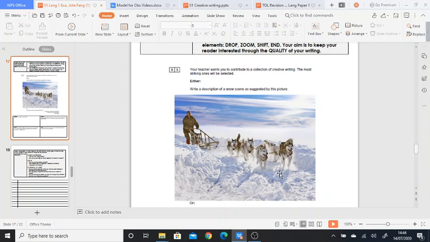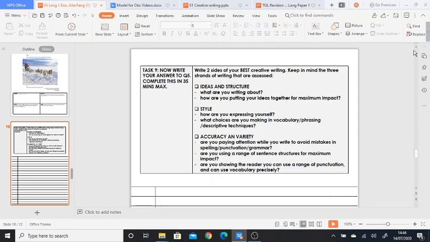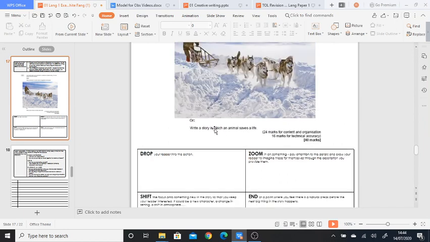How can you make sure that when you are writing, you are making the reader feel as if they're there? That's by using things like onomatopoeia, imagery or vivid language.